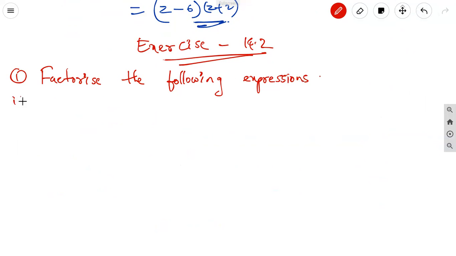The first question is a square plus 8a plus 16. It's already we have taken as an example.